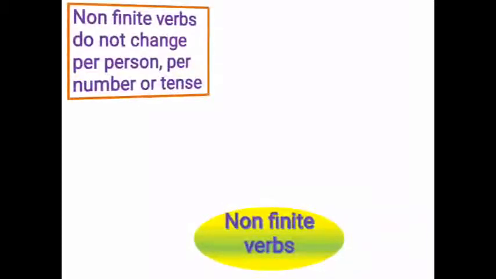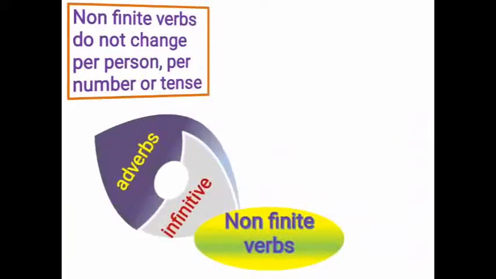So now let's understand what these non-finite verbs are, and if they do not act as verbs, then how do they act? Non-finite verbs, as we have learnt, do not change according to person, number, or tense.